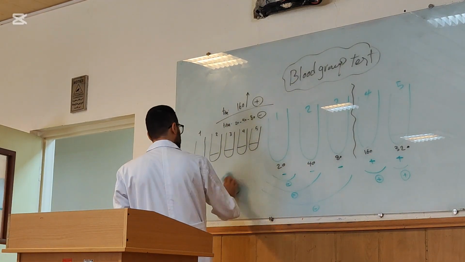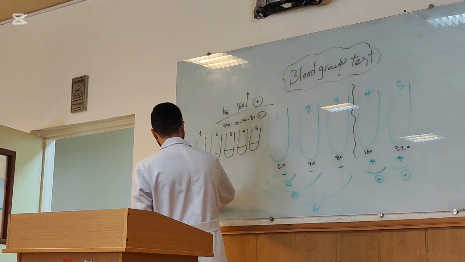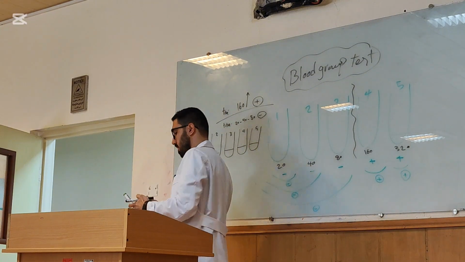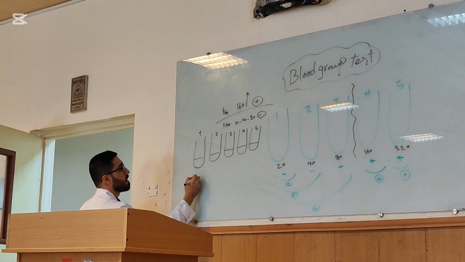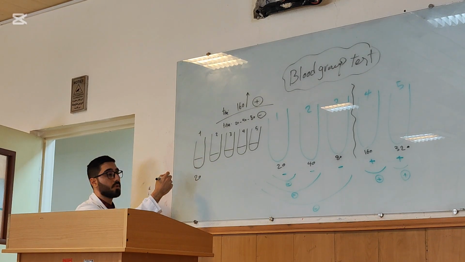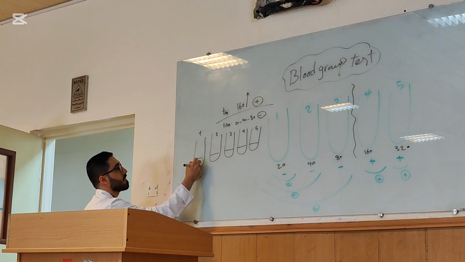So what was the mistake? Answering your question: this is my 1 tube, and we have agglutination there.